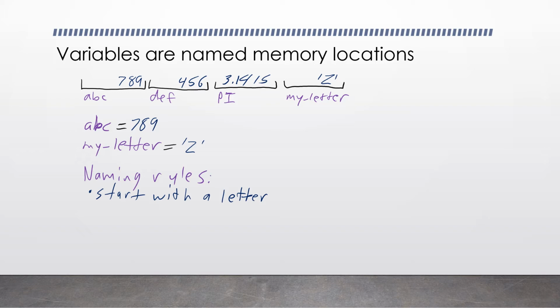It can be a value that you assign to a variable, but it can't be the name of the variable. So the name 123 will not work, but the name A12 works perfectly fine.